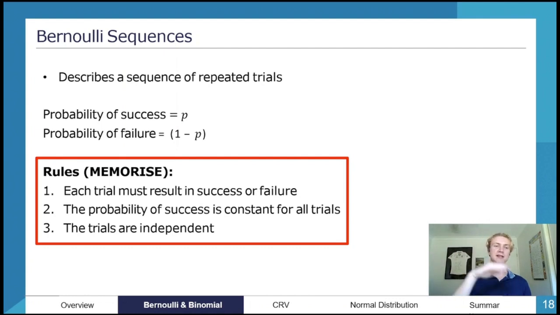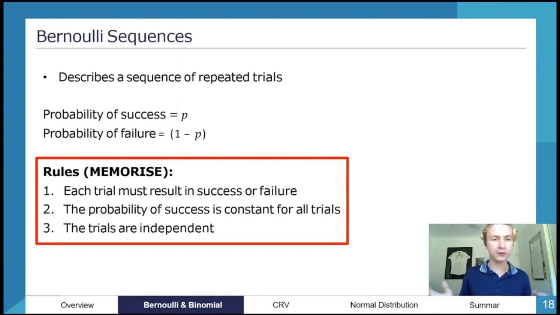The probability of success is P. The probability of failure is 1 minus P, because there's only success and failure. And remember that the probability of all outcomes has to add up to 1. That means that if the probability of success is 0.2, the probability of failure is 0.8, because there's only 2 outcomes. It's got to add up to 1.